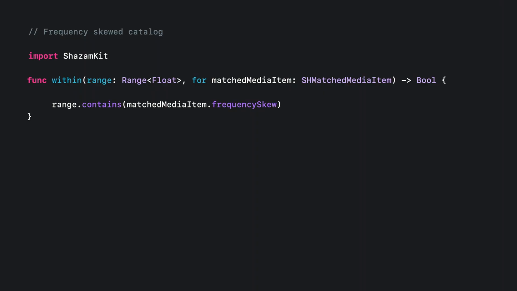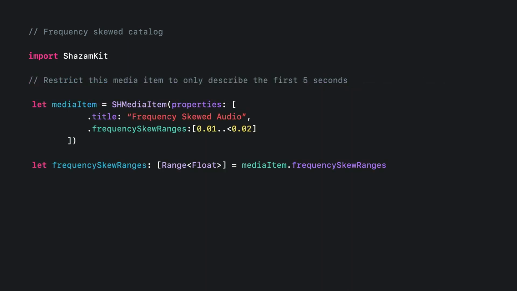There are limits to how much you can skew audio without the change becoming either noticeable to the human ear or unrecognizable to ShazamKit. Keeping the skew to less than 5% should be safe and provide enough room to differentiate multiple skewed recordings. To really take advantage of this, use the frequency skew ranges.